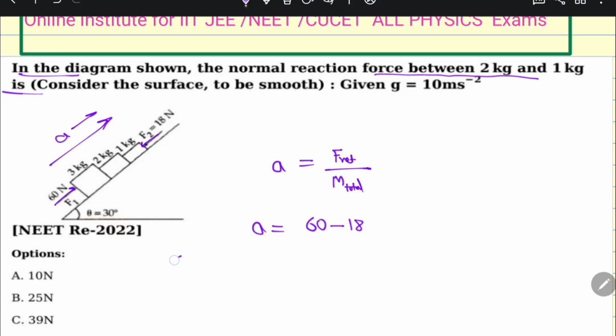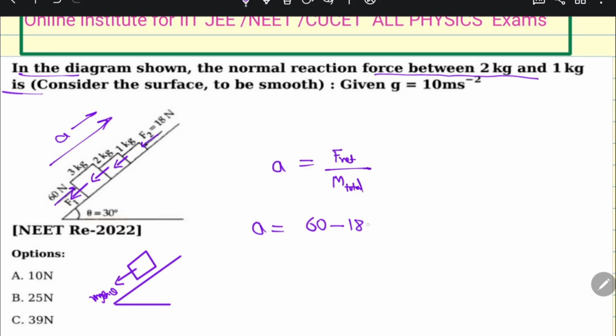And each and every block placed on this incline has a component of acceleration in the downward direction, which is mg sin theta. So this is also mg sin theta, this is also mg sin theta, and this is also mg sin theta.